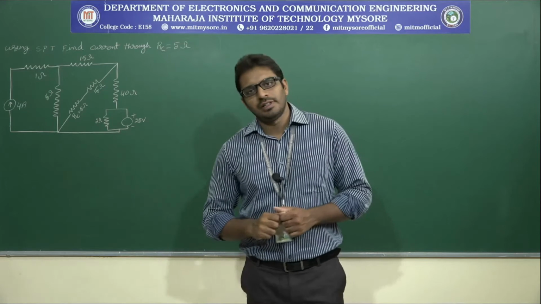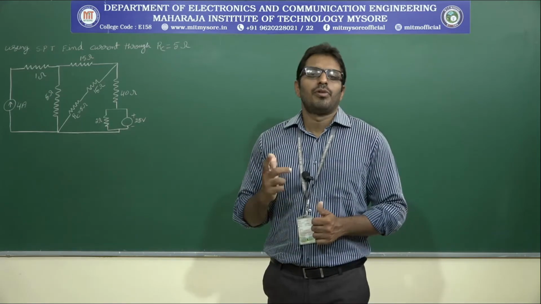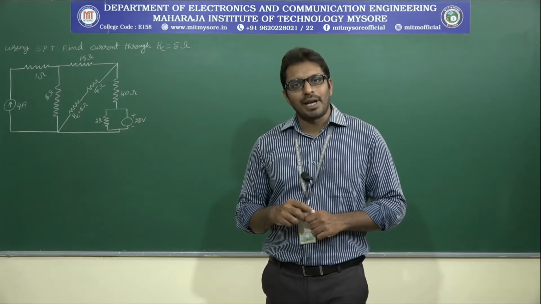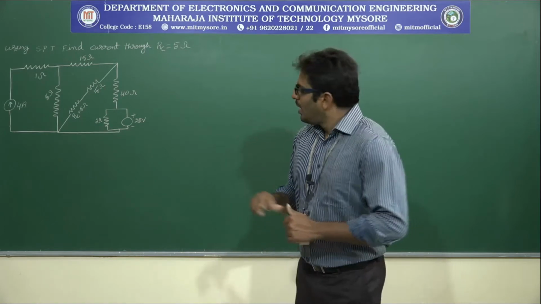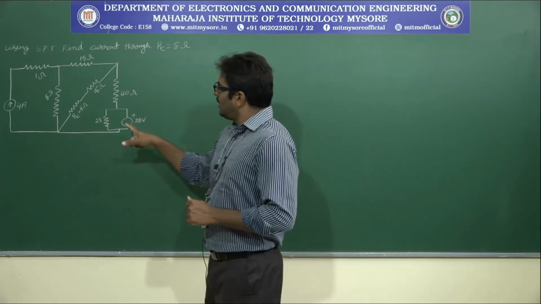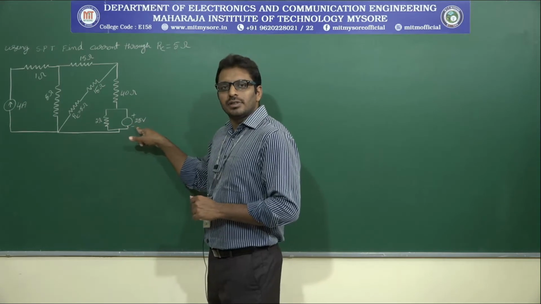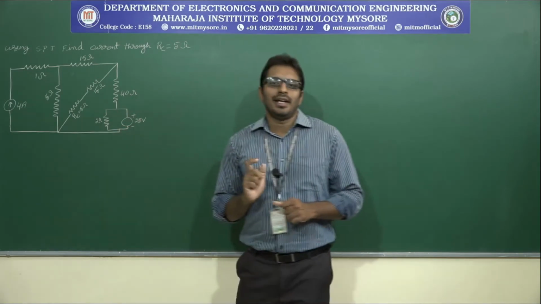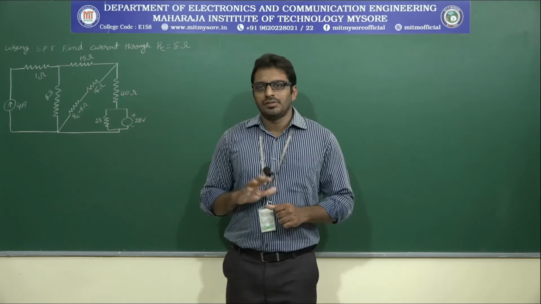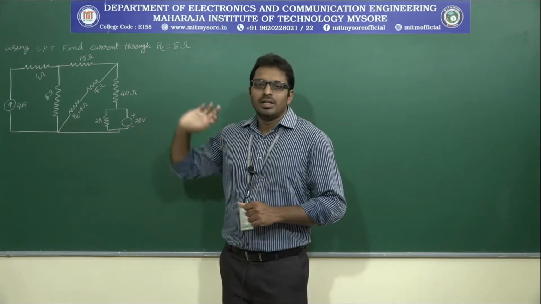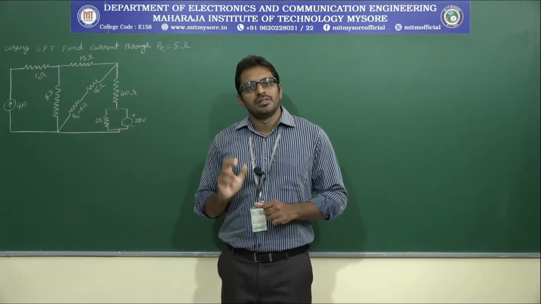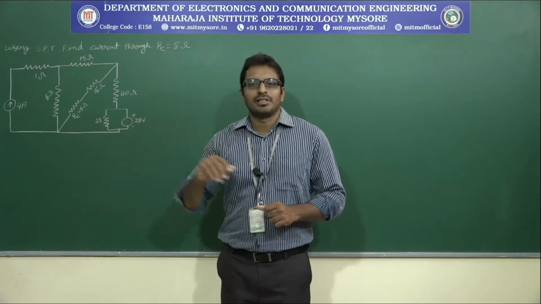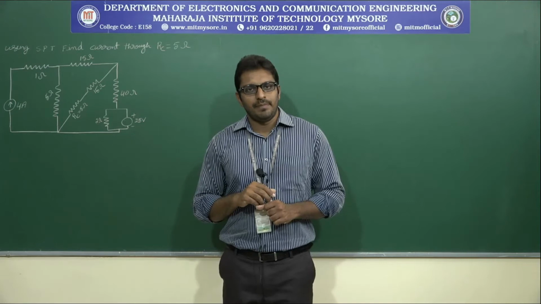In the first module itself we discussed about practical voltage source and practical current source. Any resistance connected in parallel with voltage source is considered as a redundant element. There is no effect of this resistor in the analysis of this circuit, so we can remove that resistor for analysis purpose.